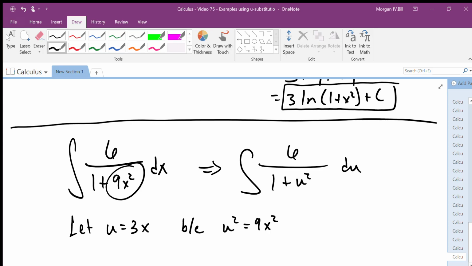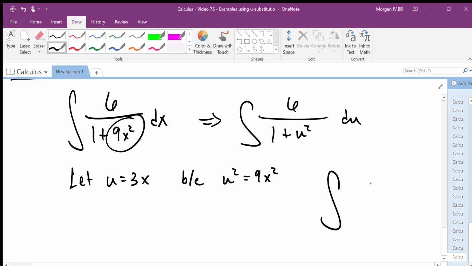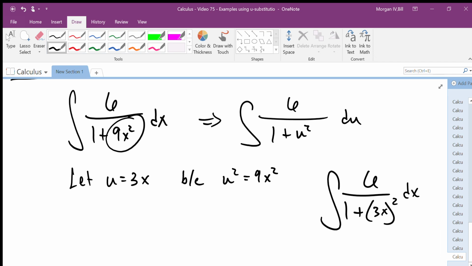In other words, you're thinking about it like the integral of 6 over 1 plus 3x, that's being squared. That's kind of what we're thinking: what thing being squared would give me 9x squared. Doing so, taking the derivative of both sides, du is equal to 3 dx. dx then is du over 3.